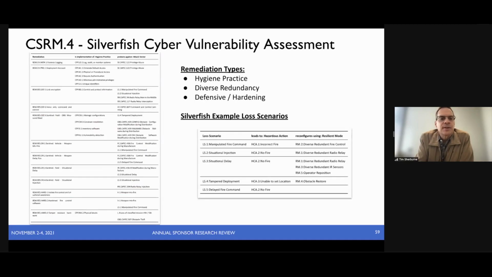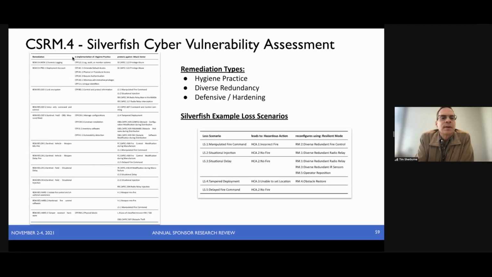Now, for example, again, I know this is very small here, but on the left, this is the set of remediations that we captured for Silverfish. At the top, like I mentioned, there's a set of hygiene practices that were noted for Silverfish, some forensic logging, separate accounts, for example, as good hygiene practices.